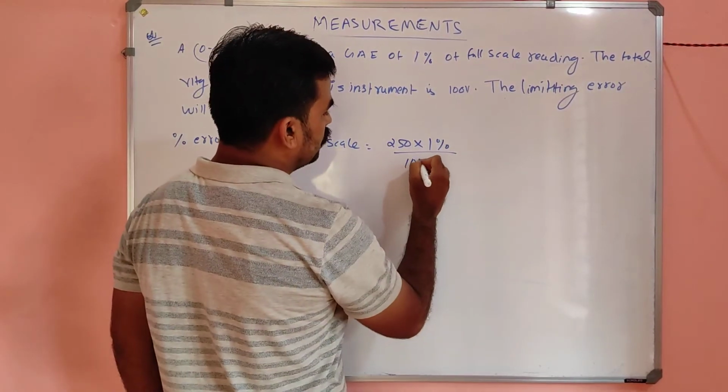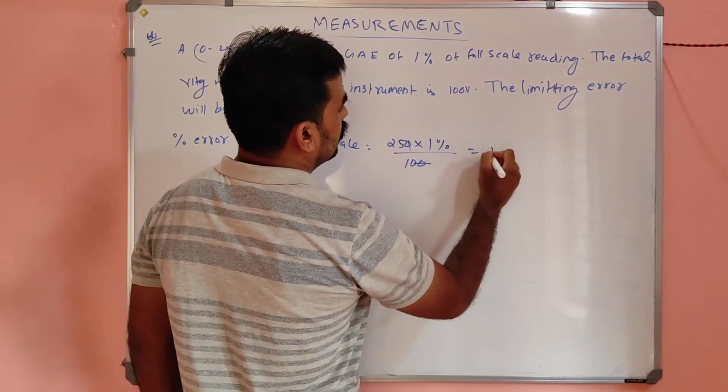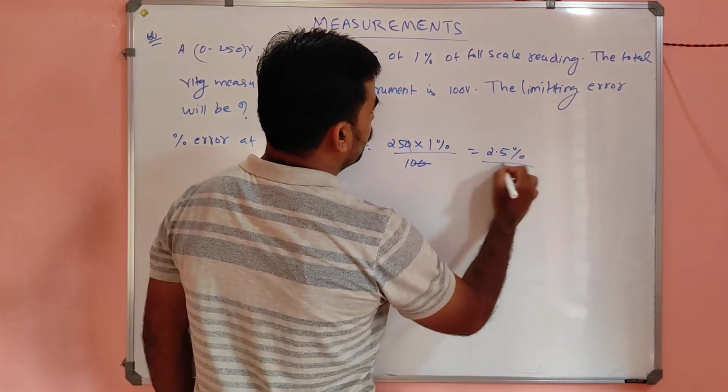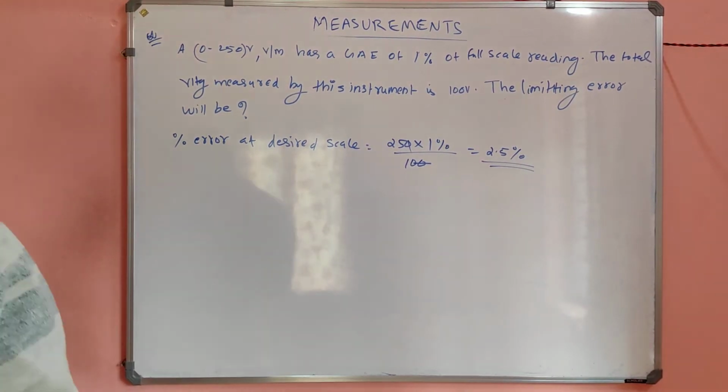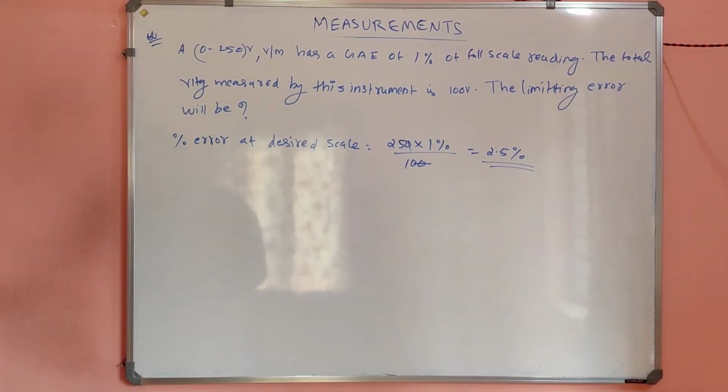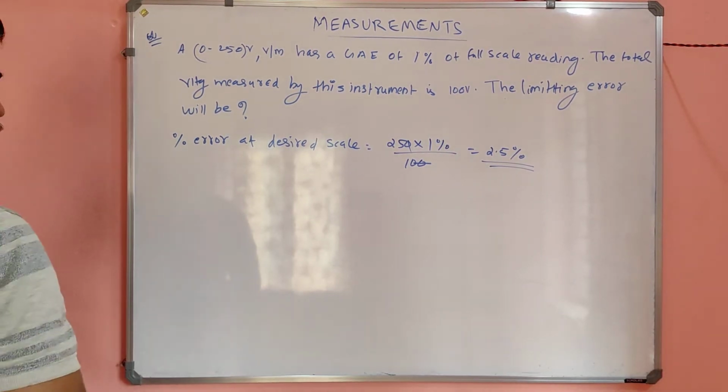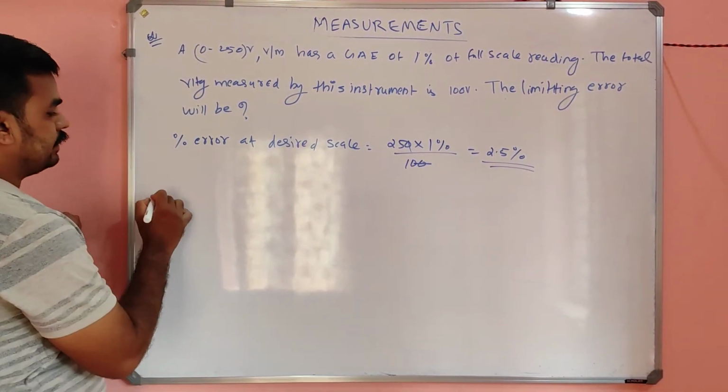For 100 volt we have to find. So this much is the error. Is it clear? Write another question.